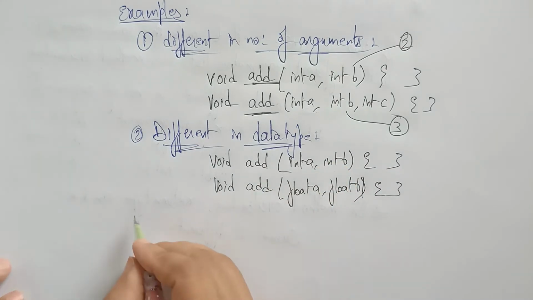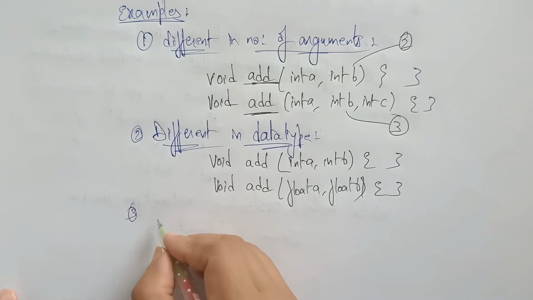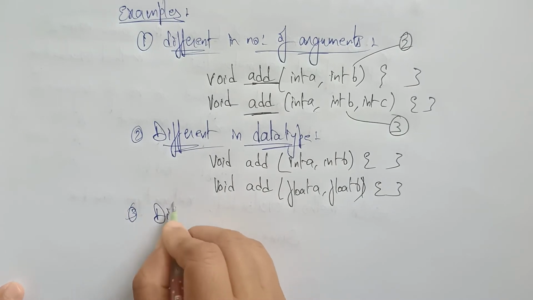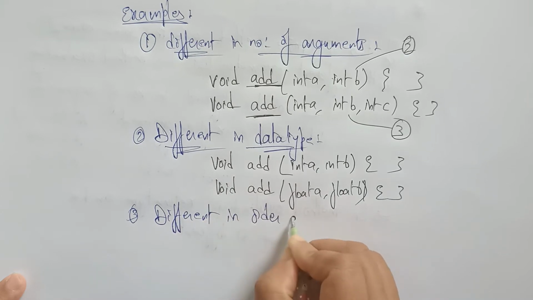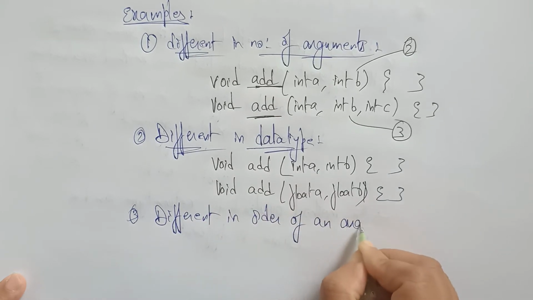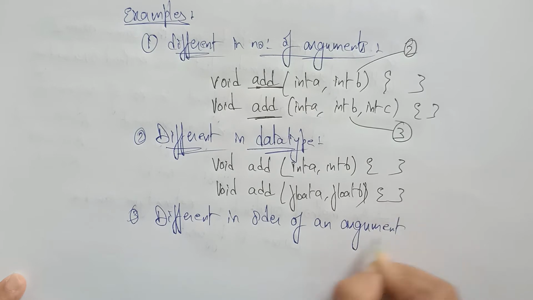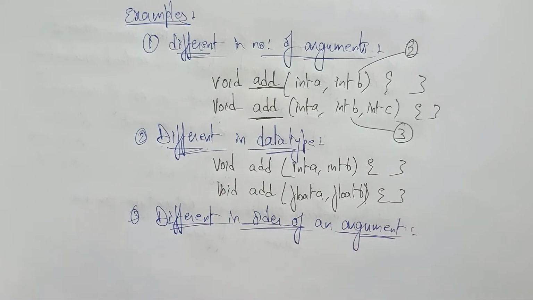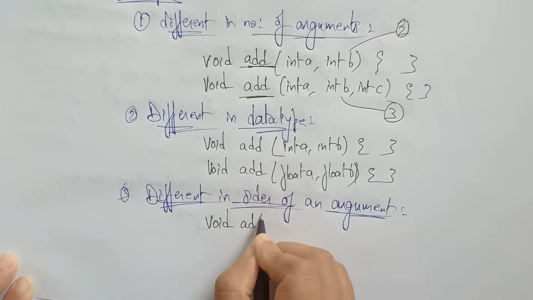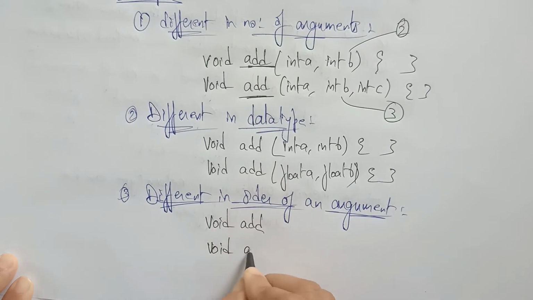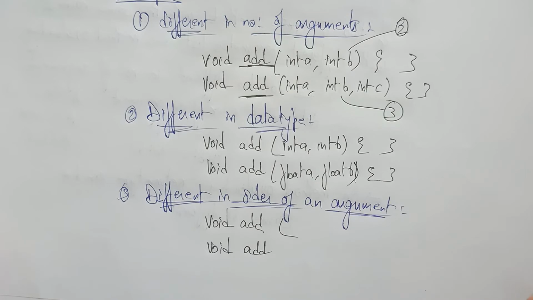Next, the third type: different in order of arguments. Same name, method overloading, right? Method overloading means same name. So two methods have the same name, but the order of arguments is different.